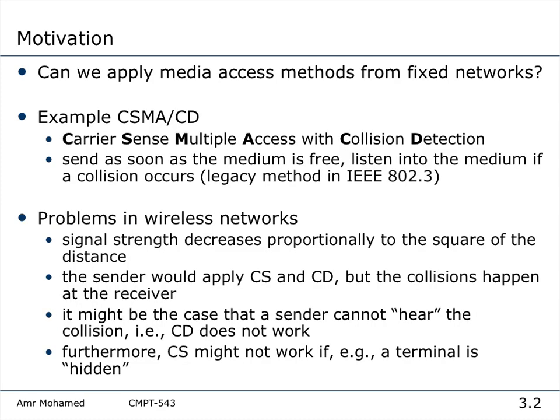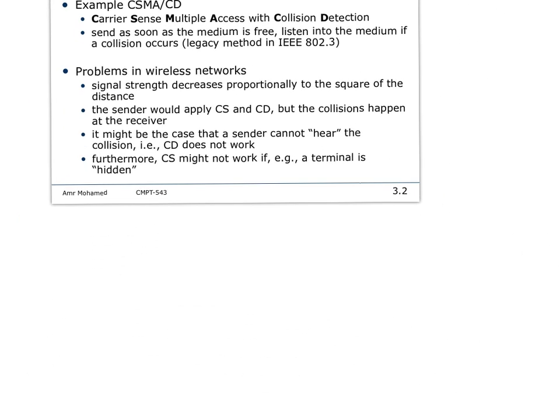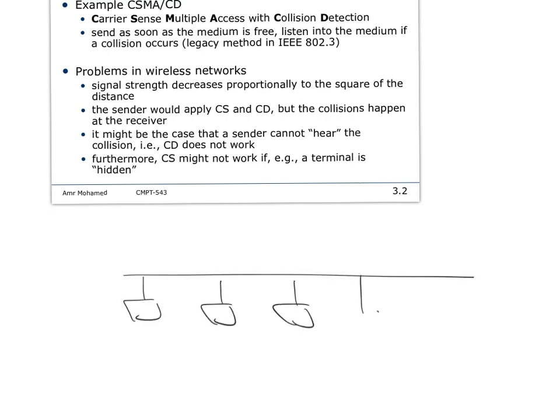So the question is, can we apply medium access methods from fixed or wired networks to wireless? Of course not. Why? Because for fixed networks, what we have is a shared line, and we have many nodes connected to that shared line.